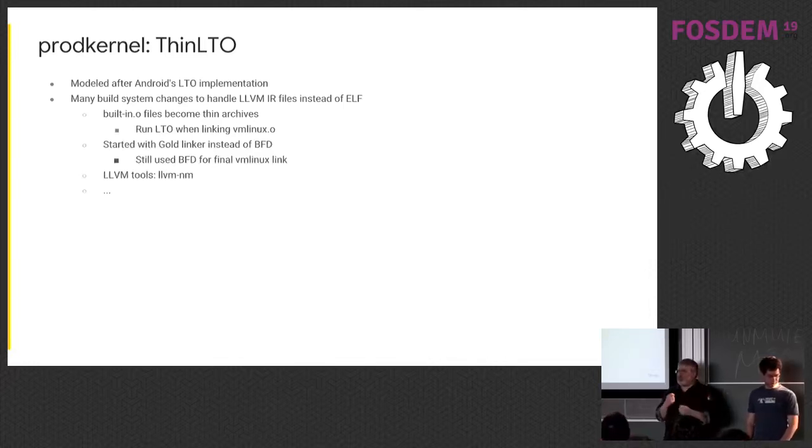Basically, it just took a bunch of changes in the build system. Mostly, it has to do with the fact that during LTO, you generate LLVM IR files instead of ELF files. So you really don't generate ELF files until you start linking the vmlinux.o file, and that's when you do all of the LTO optimizations.